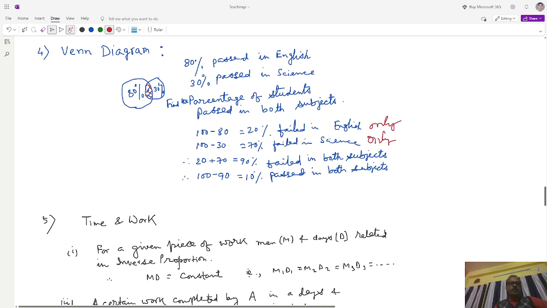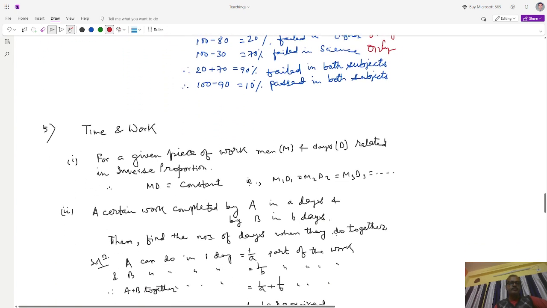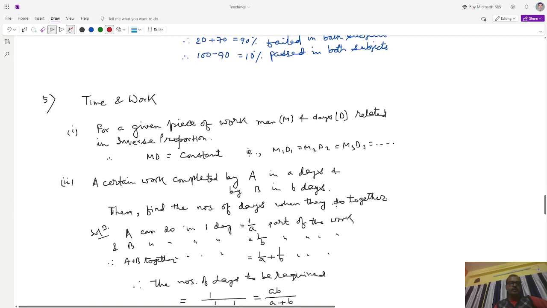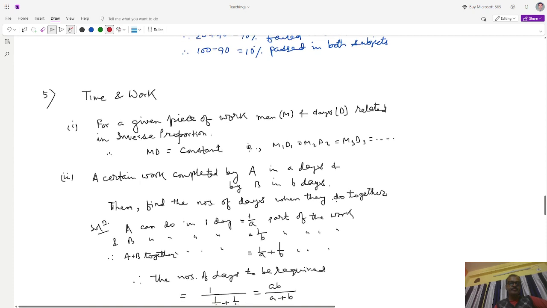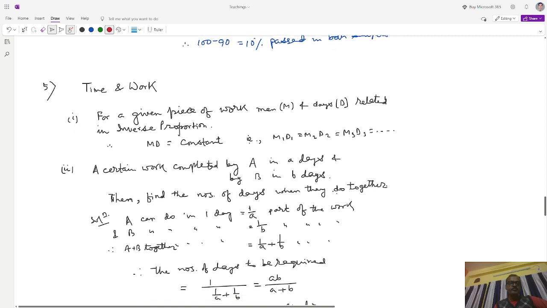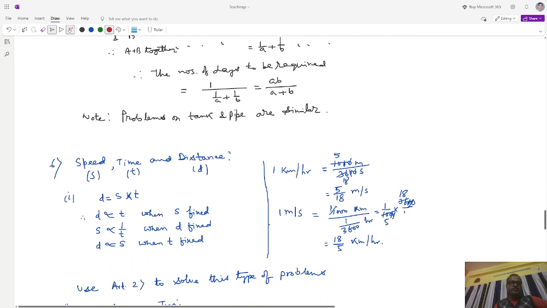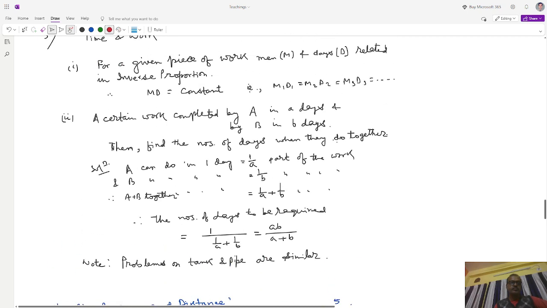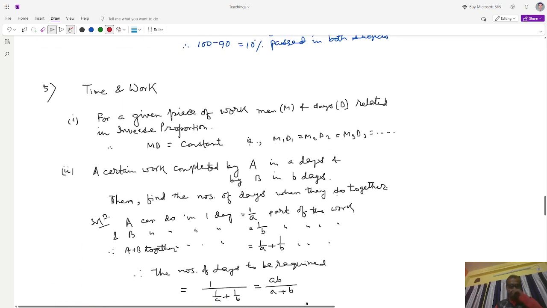Okay. Now we come to the problem on time and work. For a given piece of work, men, denoted here by capital M, and days, denoted here by capital D, are related in inverse proportion.